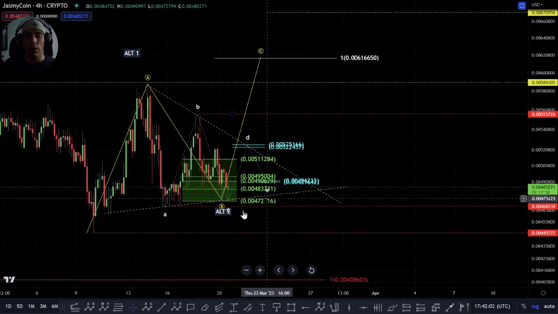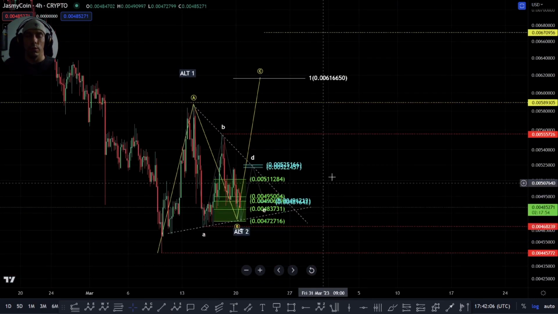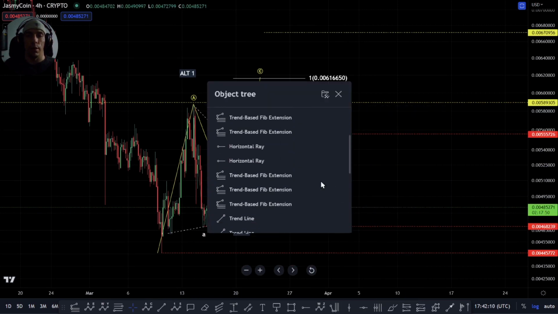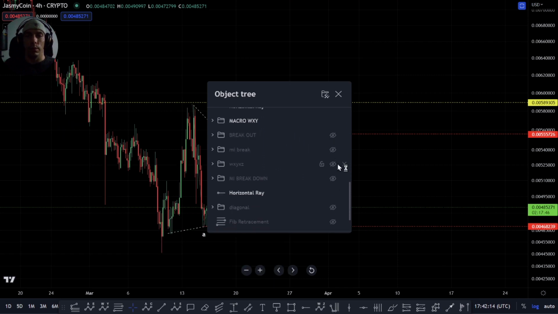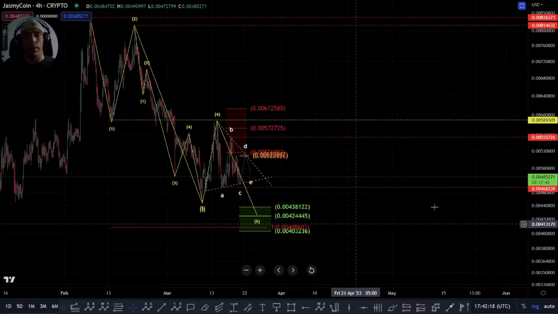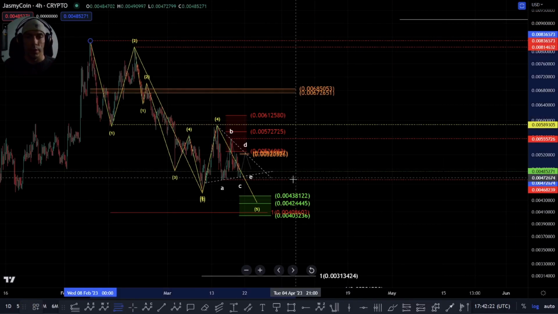But if we start to invalidate the triangle, then potentially we could be looking to move straight down towards that fifth wave target area. And then from that completion, basically what we'd be looking for within this is if we do get a five-wave move play out to the downside, I'd be watching this move to the upside again.